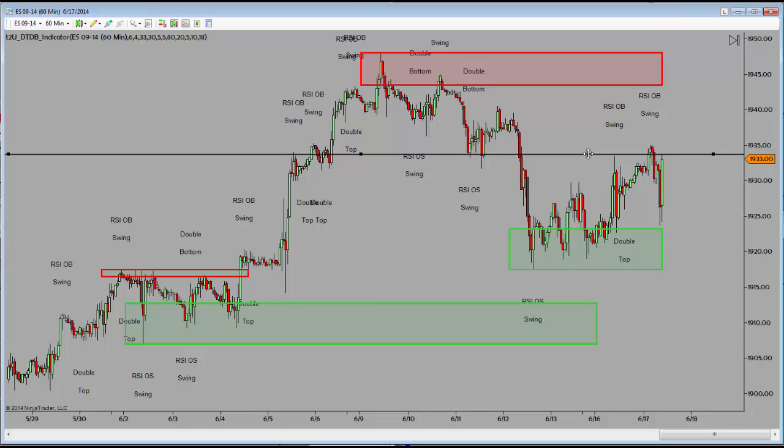Now again, I'll pull this down just a little, but you can see here we had a symmetrical double top resistance, broken. We pull back, support, broken, and then a pop right here. So this little level right here, 33 to 35, is a key level right there. Okay, so that's the S&P 500, 1933 to 35.